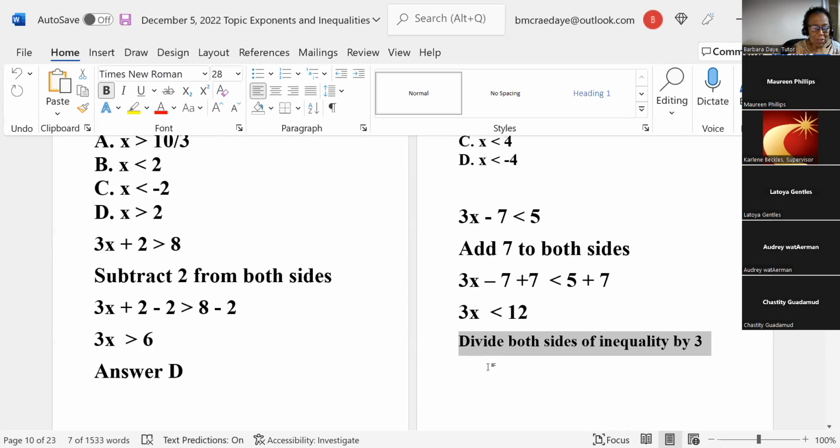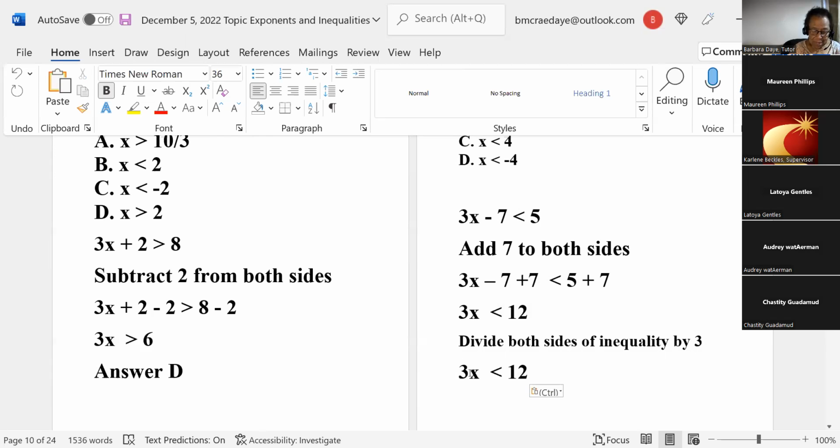3x divided by 3 just gives you x, right? And 12 divided by 3 is 4. So what happened with the minus in the middle? You had a minus 7 plus 7. That's 0. Remember, we added 7 to both sides.